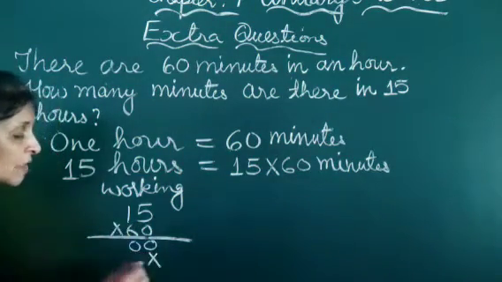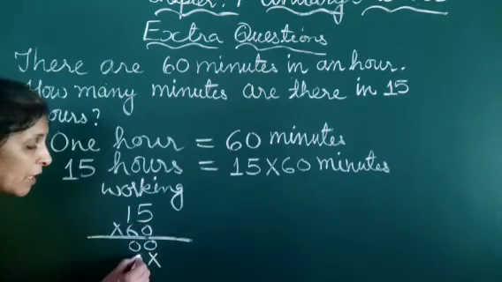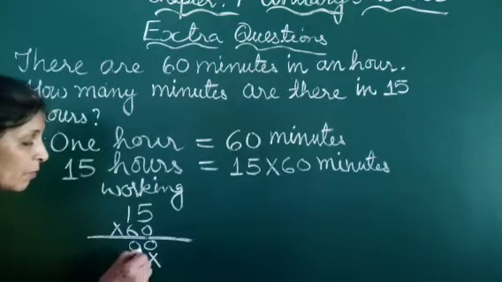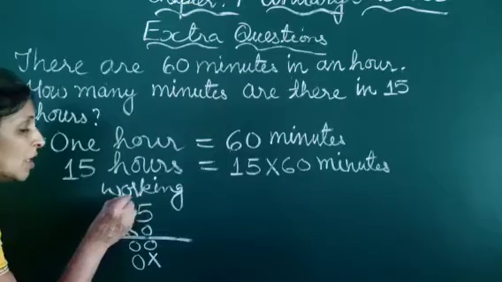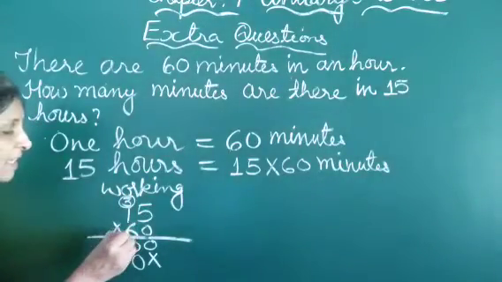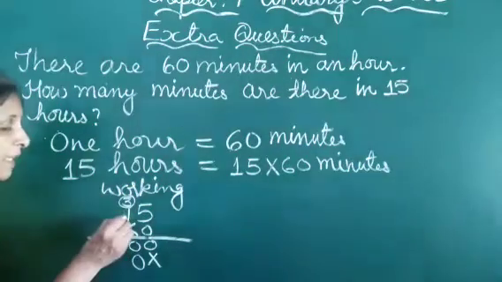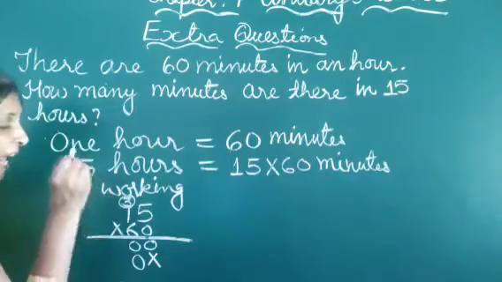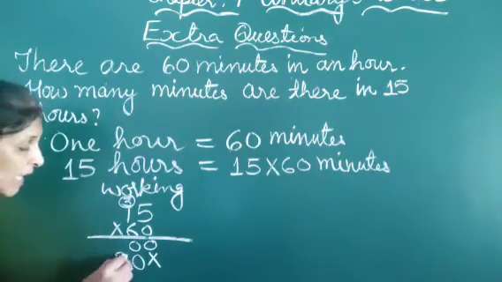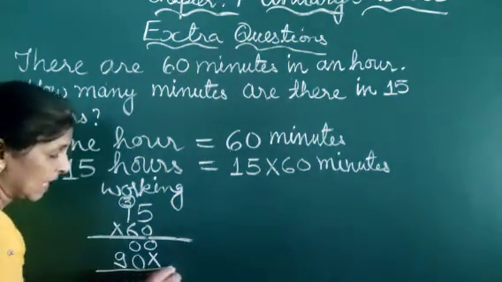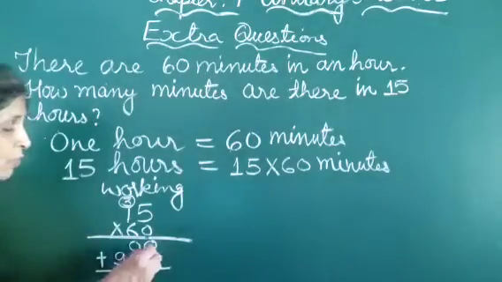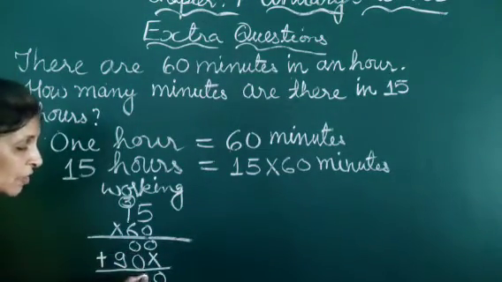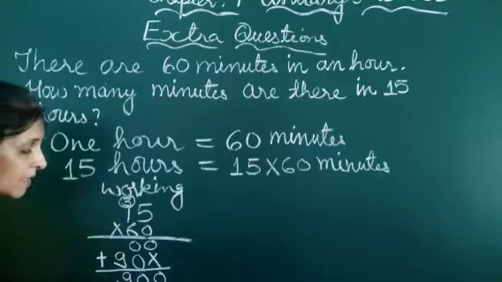Now put the cross here, then 6 multiplied by 5 comes 30. We write 0 and carry over 3 here. Then 6 is multiplied by 1, then comes 6, and we add 3, that's 9. Now we add this to 0, 0 plus 0 is 0, and there is 9.